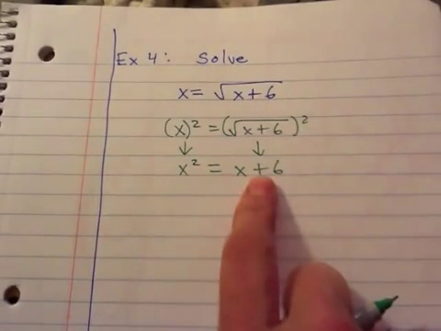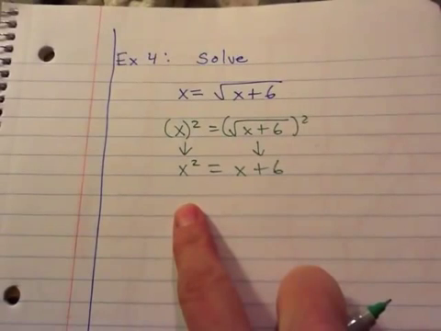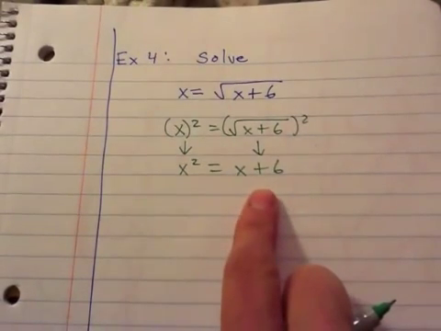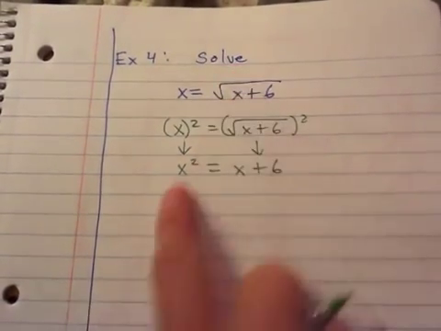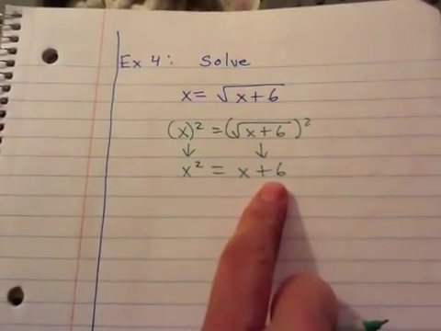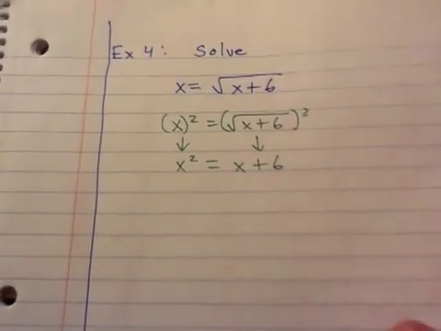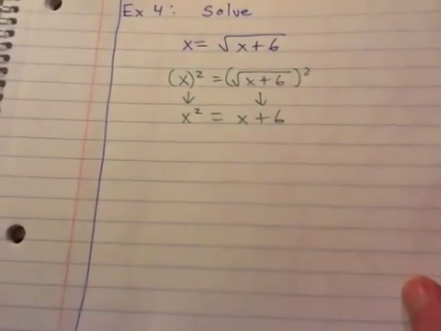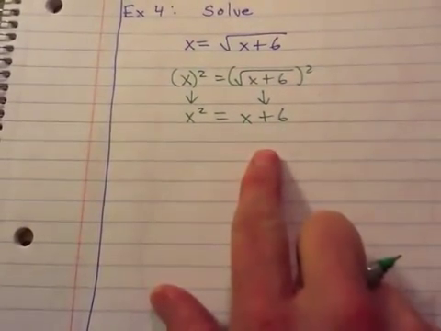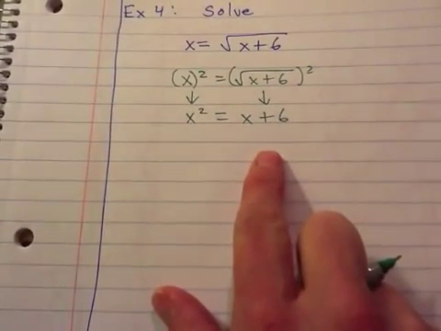Once you see that, you know you can put it in standard form. And once you have standard form, this is solving a trinomial. This is last chapter, solving a quadratic. So you can factor, or if it wasn't factorable, use the quadratic formula.